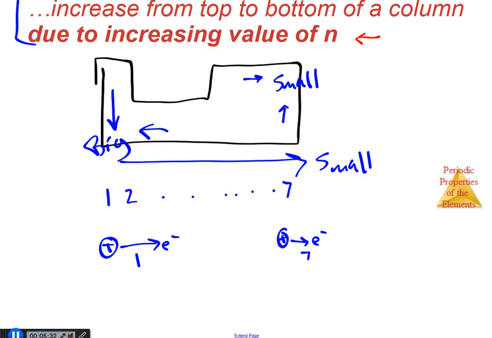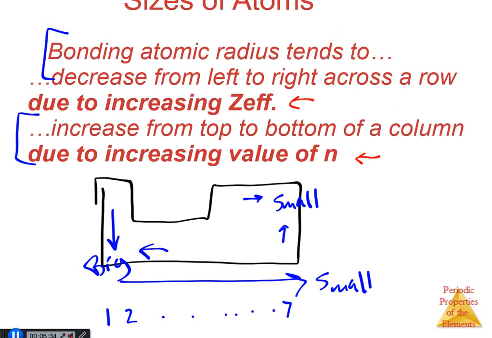Now, the going up and down is explained because if we were just right up here, if you'll recall, hydrogen and helium, what shape of cloud were they filling? That's an s cloud, which is a sphere, right? And if they're in the top row, it's a 1s.